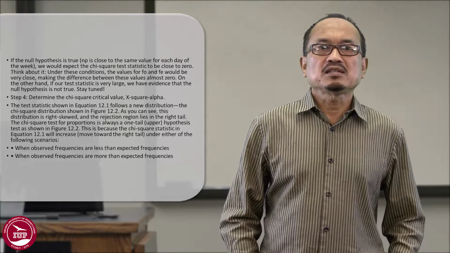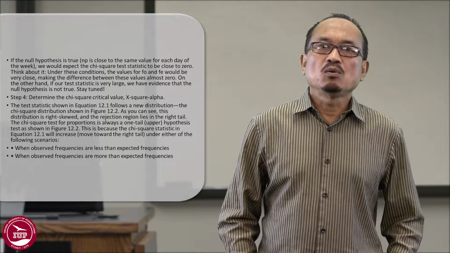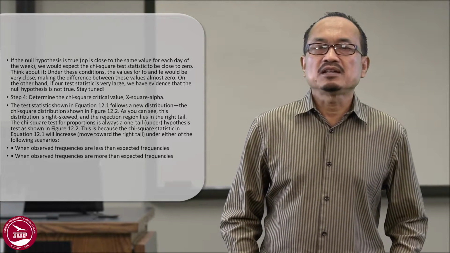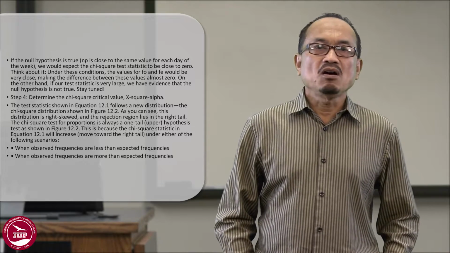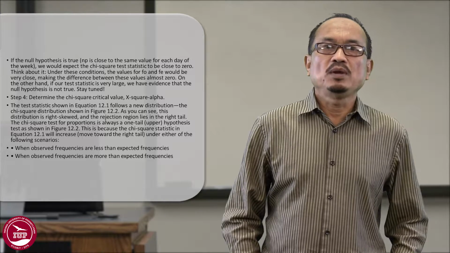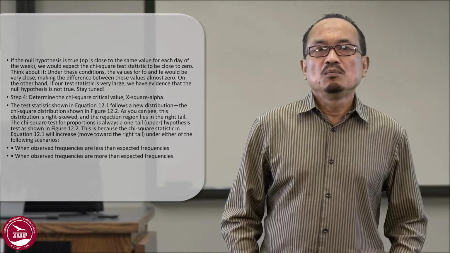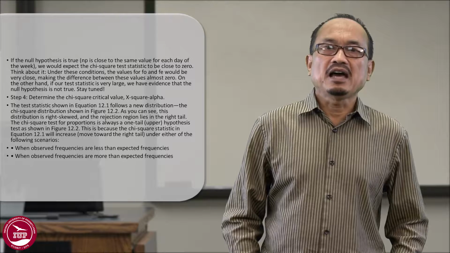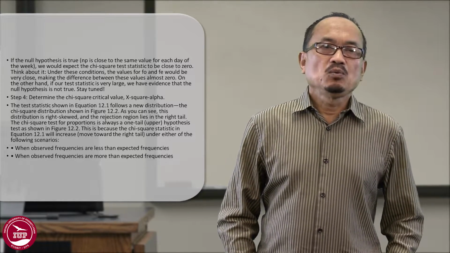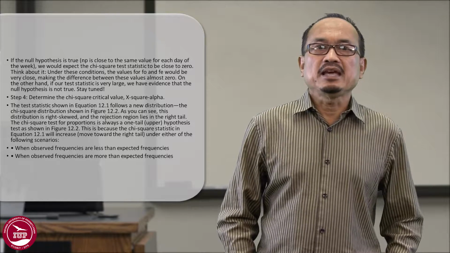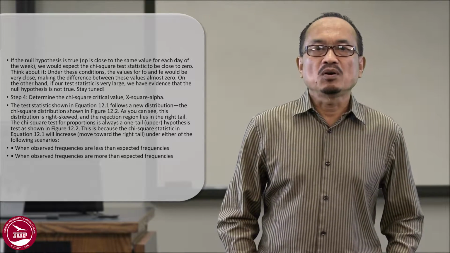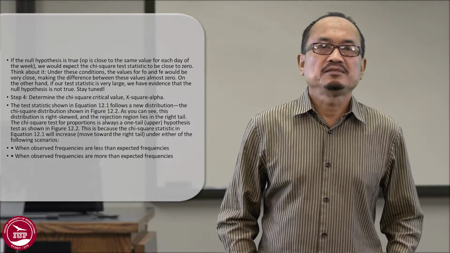The chi-square test for proportion is always a one-tail, or upper-tail, hypothesis test as shown in figure 12.2. This is because the chi-square statistic in equation 12.1 will increase or move toward the right tail under either of the following scenarios. 1. When observed frequencies are less than expected frequencies. 2. When observed frequencies are more than expected frequencies.